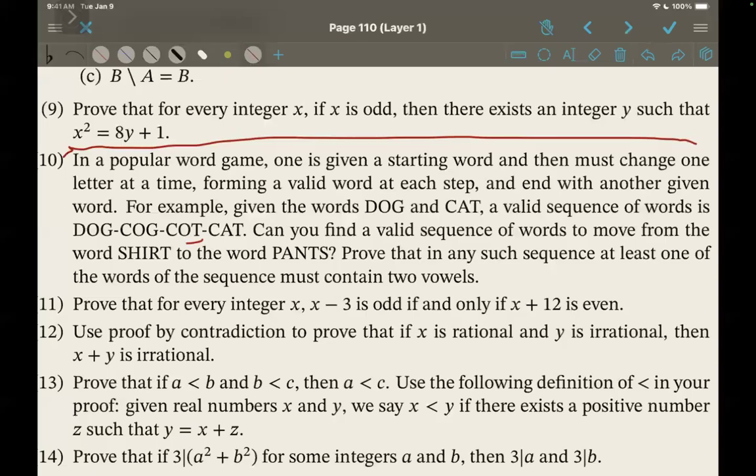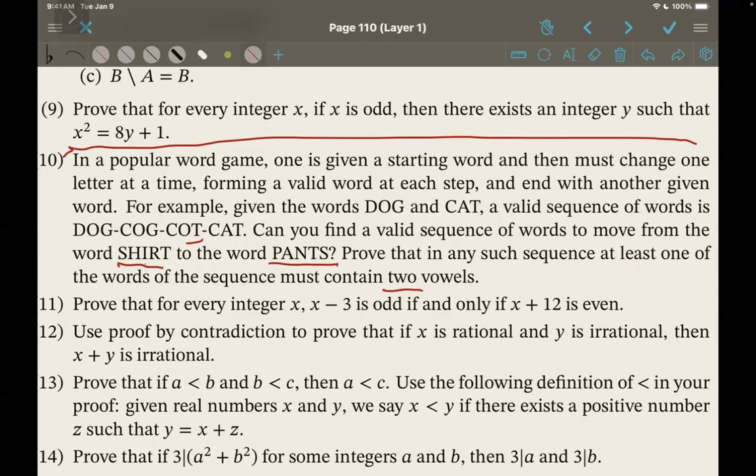And so can you find a sequence of words to move from shirt to pants? That's the first step. And then prove that at least one of the words in that sequence must contain 2 vowels.